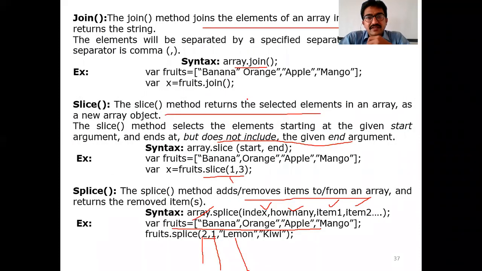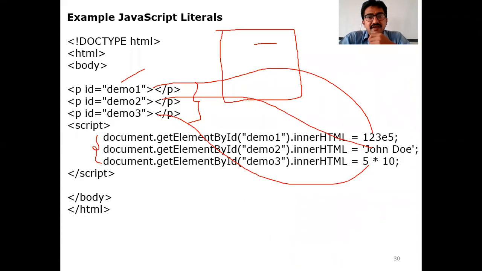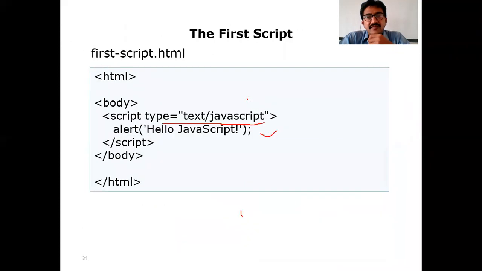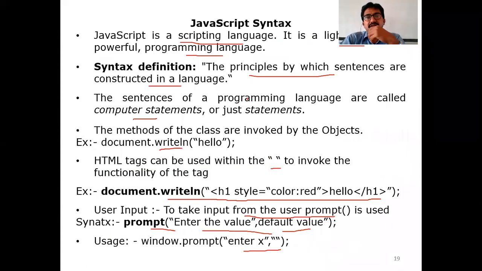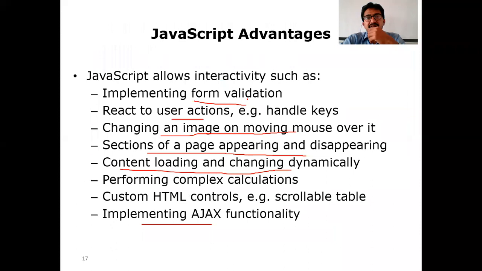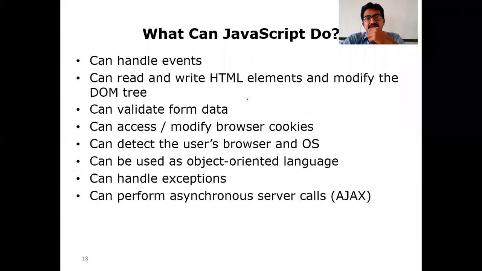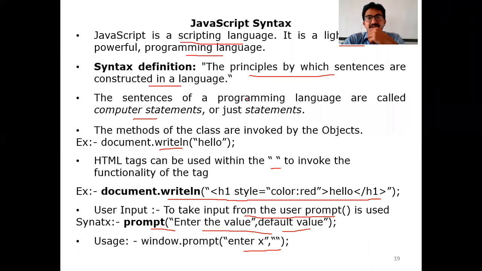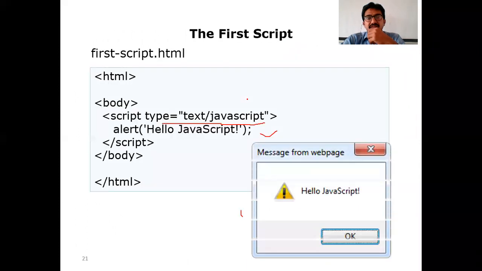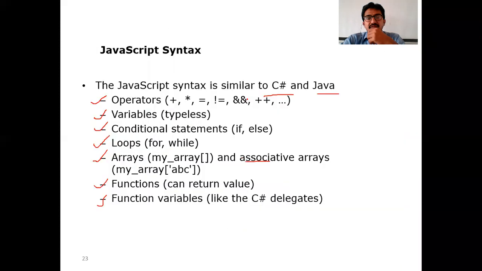So what we have learned just now, on a faster track, is the JavaScript example, followed by the advantages of JavaScript, followed by the syntax for JavaScript, followed by how JavaScript can change HTML elements with one example, and the syntax needed for JavaScript: operators, variables, like this.